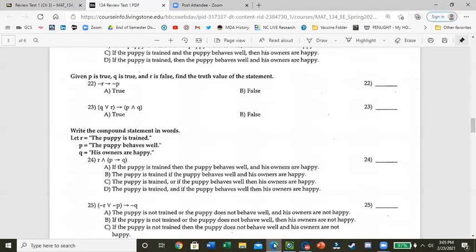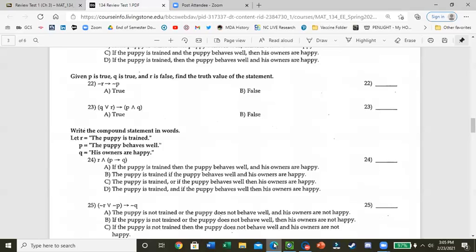Well, we're not going to do 8 rows. We're only going to do just one. So we have here P is true, Q is true, and R is false.